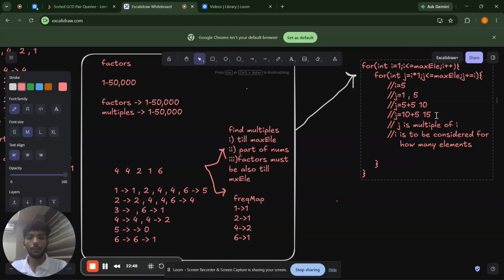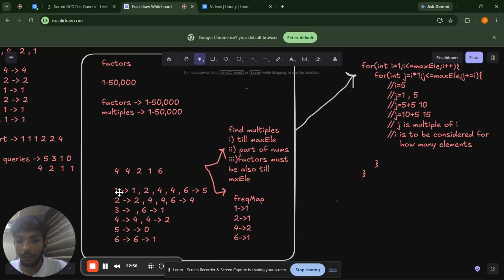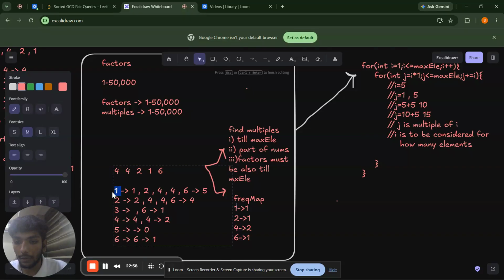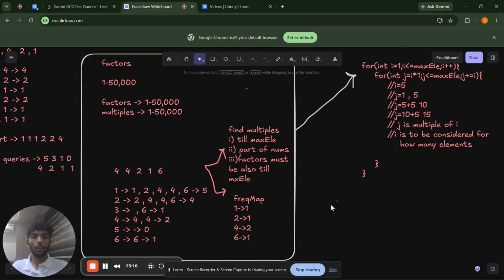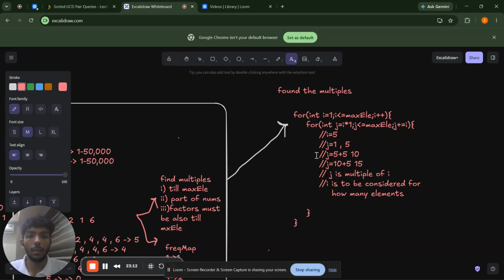So we also need to keep a track, like here, that this one is useful for 5 elements, this 2 is useful for 4 elements, this 3 is useful for 1 element. So we will create one more map.